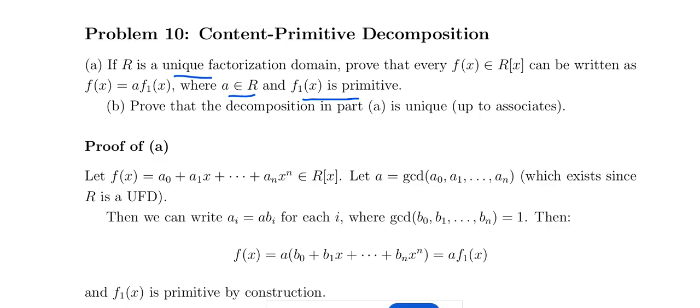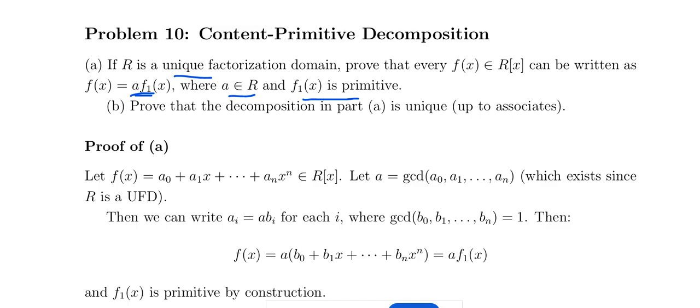So the decomposition in part A is unique. That is the second idea. In the case of R a unique factorization domain, every polynomial can be expressed in the form a times f1 of x, where a belongs to R and f1 of x is primitive.